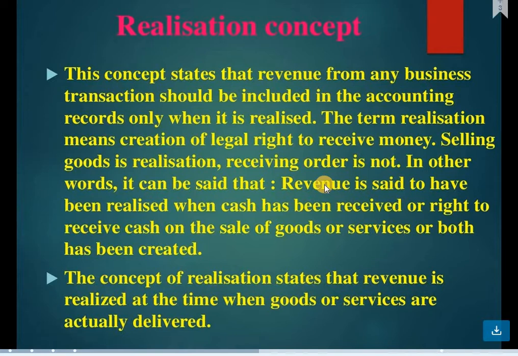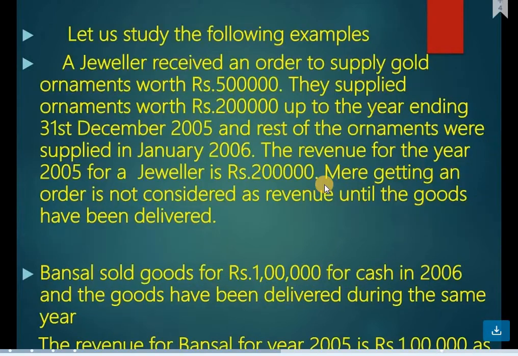The concept of realization states that revenue is realized at the time when goods or services are actually delivered. When it is delivered, that is the realization period. Then we have a few examples here. If we go through the examples, you will get to know the actual concept of realization. A jeweler received an order to supply gold ornaments worth rupees 5 lakh.